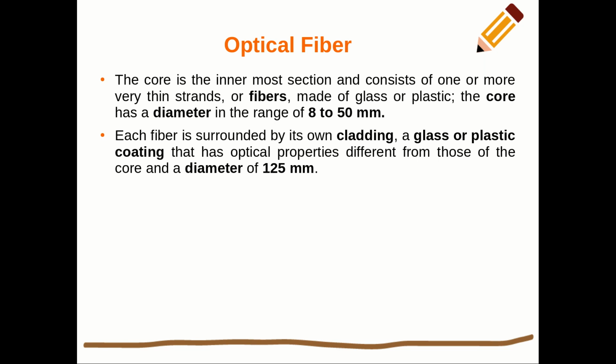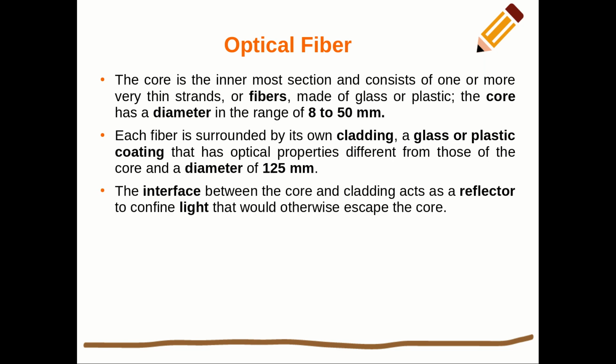Over the core we have the cladding, which is a glass or plastic coating that has optical properties different from those of the core, mainly the refractive index I already told you about, which defines how the total internal reflection and the movement of the signal happens within the core. The typical diameter of the cladding is 125 micrometers.